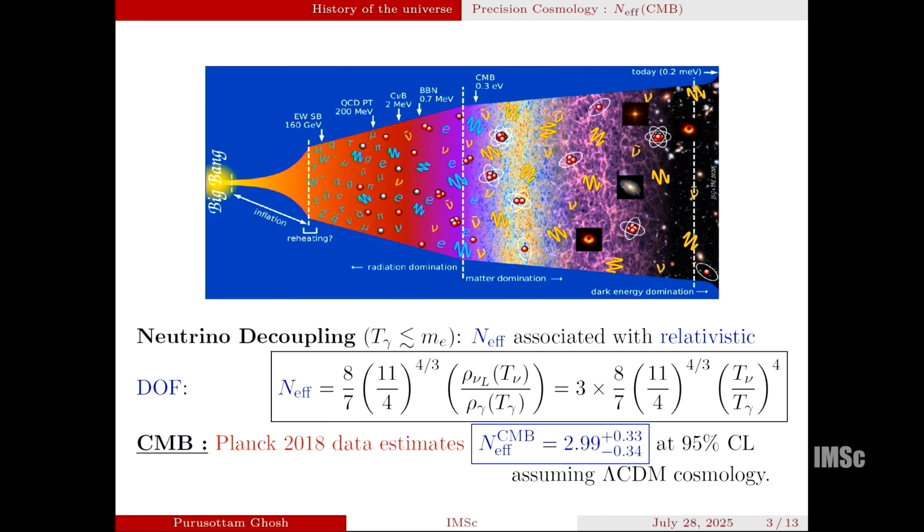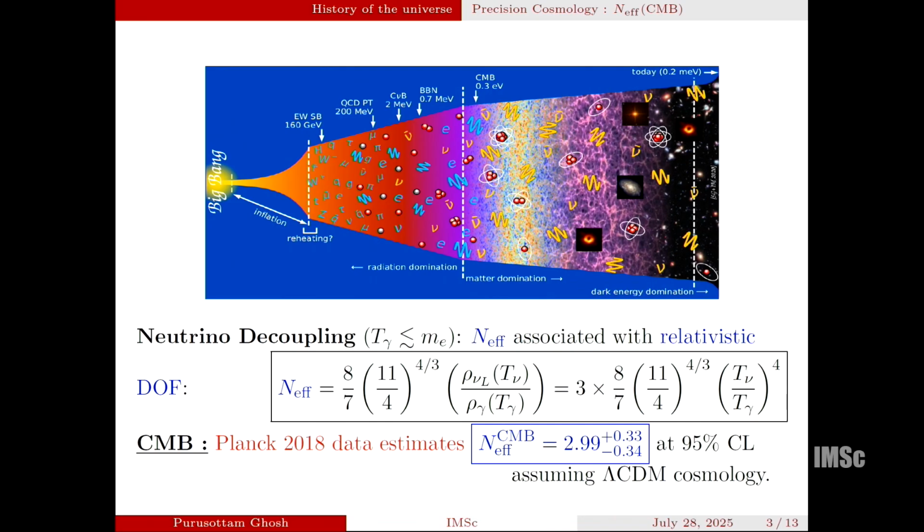During this period, neutrinos are decoupled from the thermal plasma, and this phenomenon is associated with the parameter called N effective, defined through the energy density of the neutrino bath and the photon bath. The Planck 2018 data precisely estimate this N effective value at CMB, assuming lambda CDM cosmology.